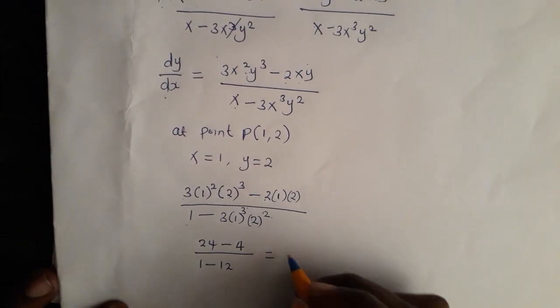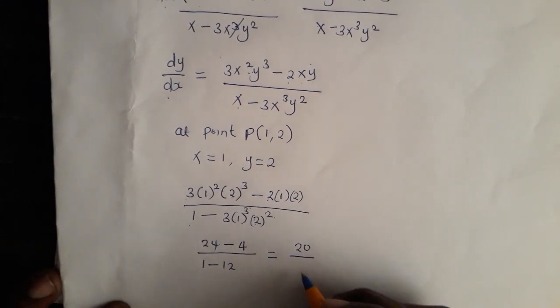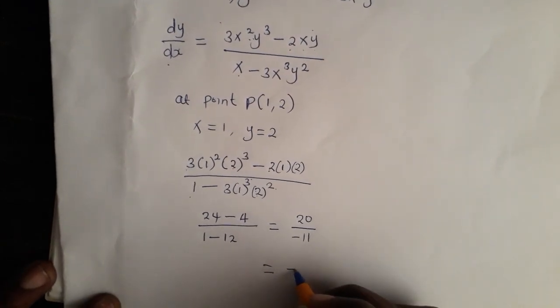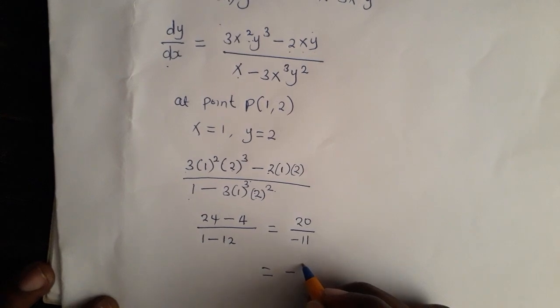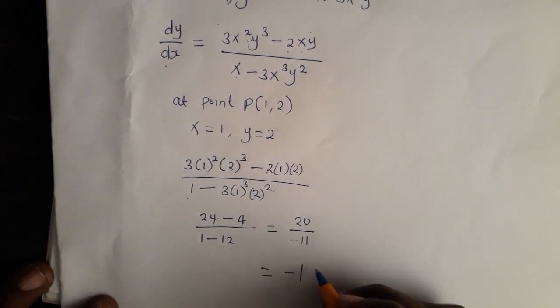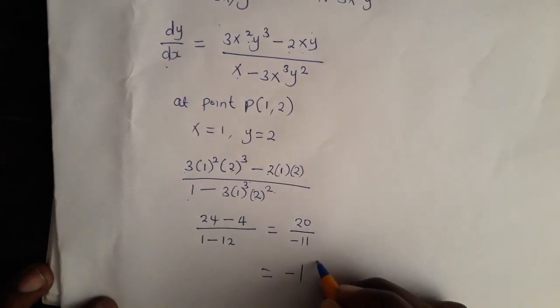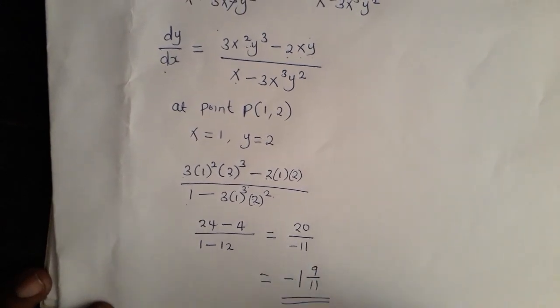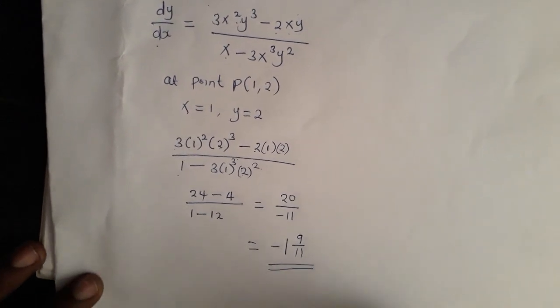So you are going to have 20 over negative 11, which is going to give us negative 1 and 9 over 11. So this now becomes our final answer.